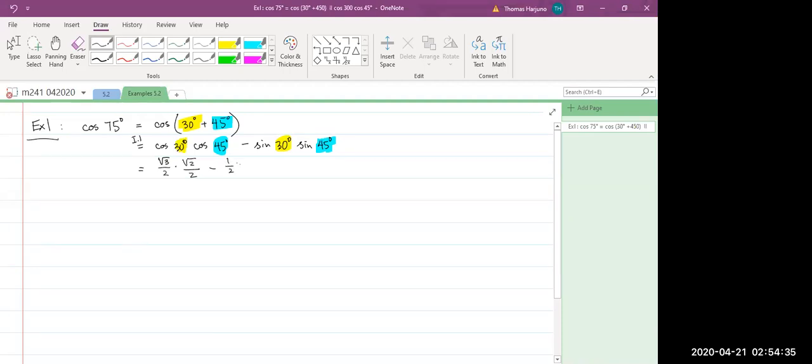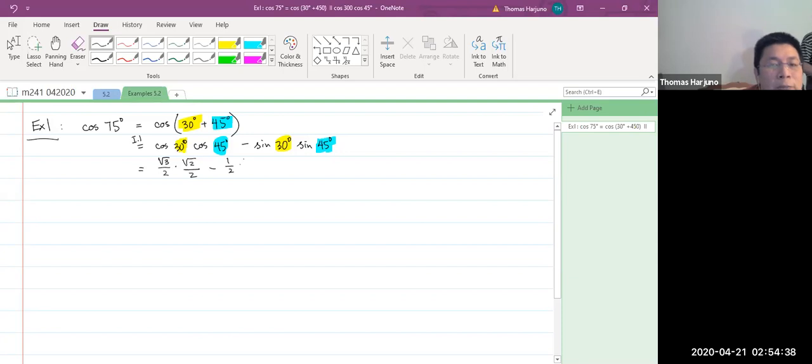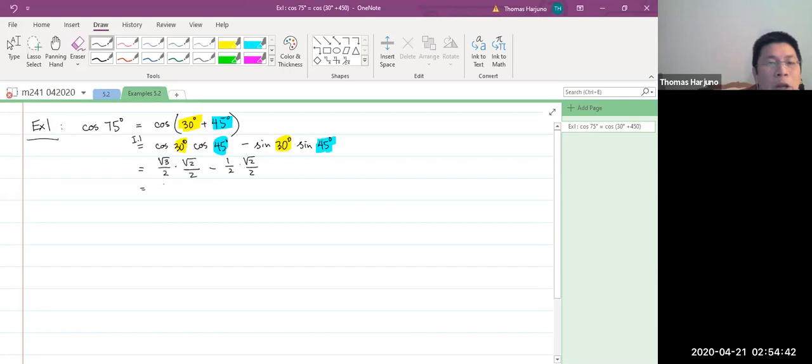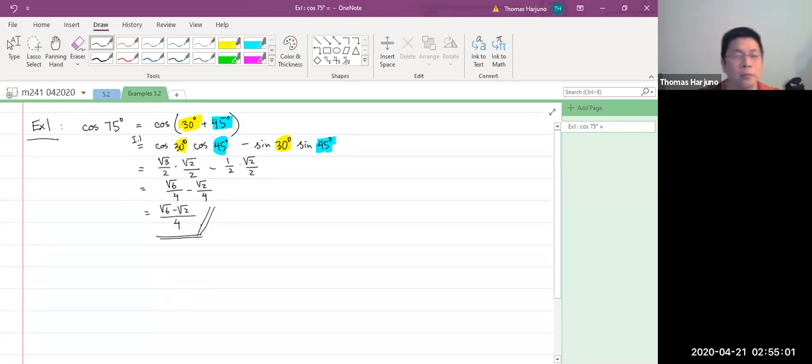Sine 45 degrees, radical 2 over 2. Now put them together, I get radical 6 over 4 minus radical 2 over 4, which is square root of 6 minus square root of 2 over 4. Okay, that's for cosine 75 degrees.